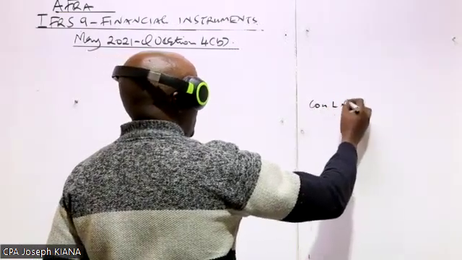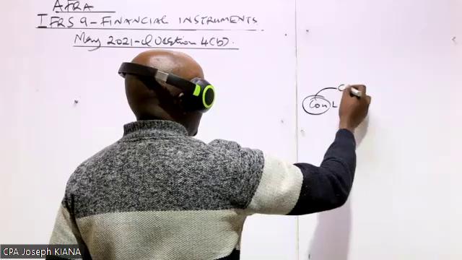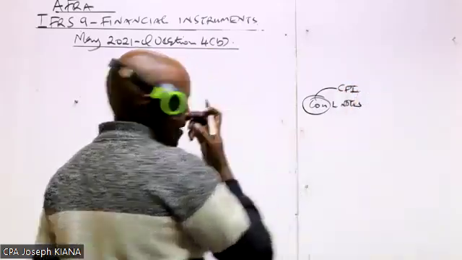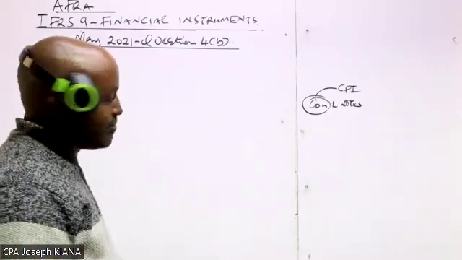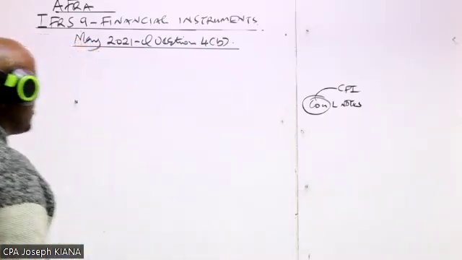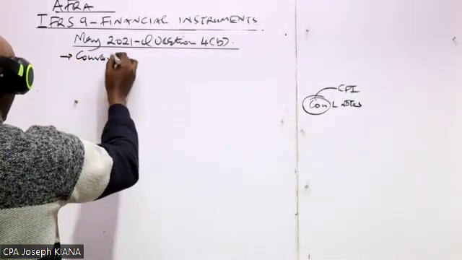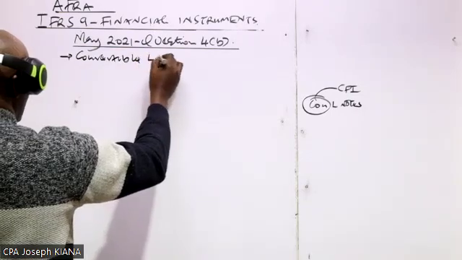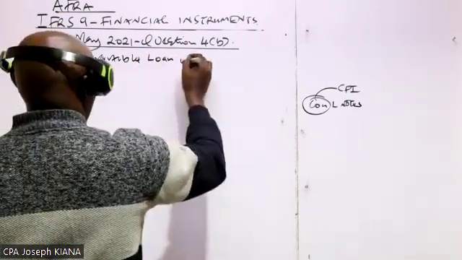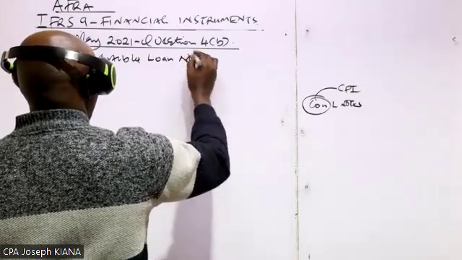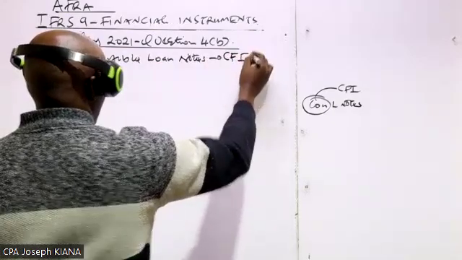Anytime you see the word convertible loan notes, you need to remember very fast that this is a compound financial instrument. If it was not convertible, it can't be a compound financial instrument. So these convertible loan notes issued by UV are a compound financial instrument.